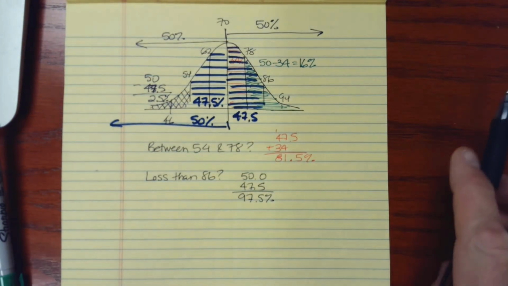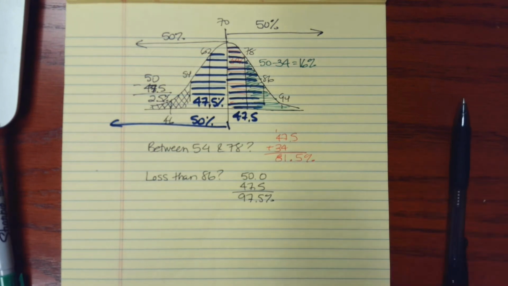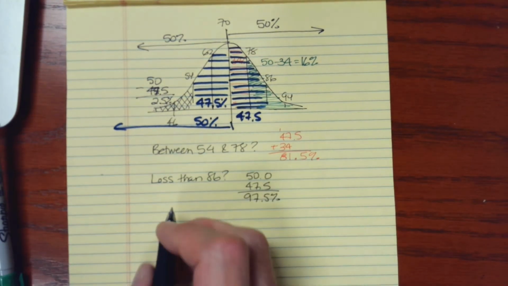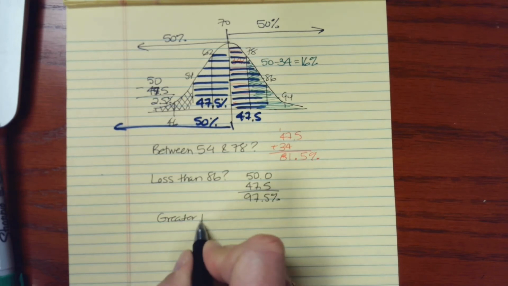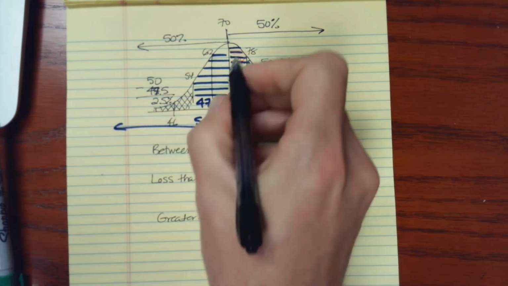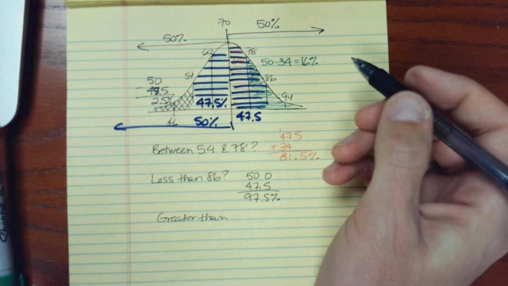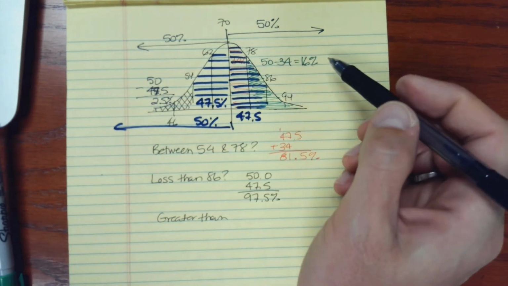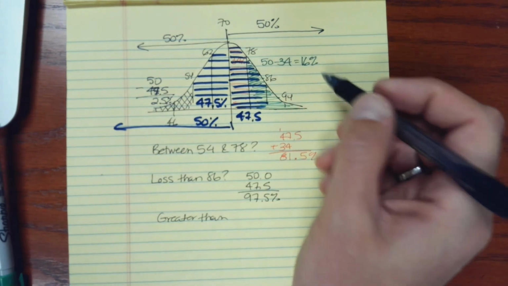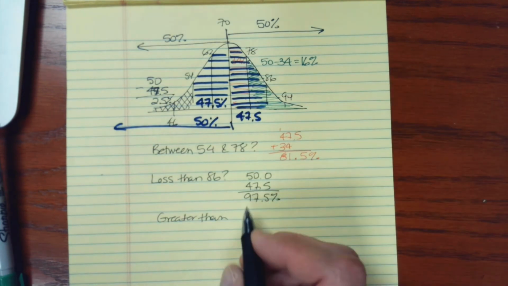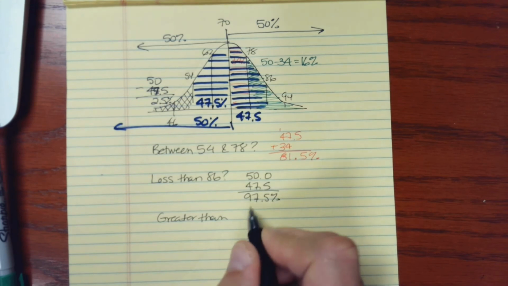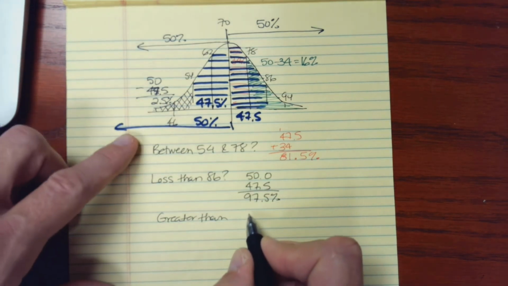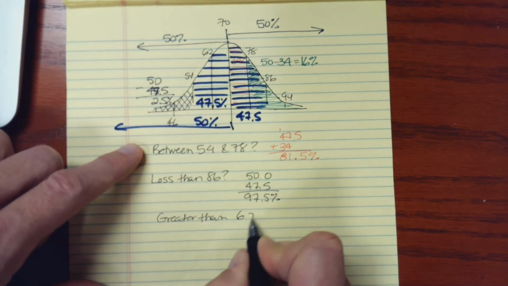Let's see, I'll do a final example. Let's say we want to know what percentage are greater than, let's see, I've already done 78, so greater than, let's say, 62, yeah, greater than 62.